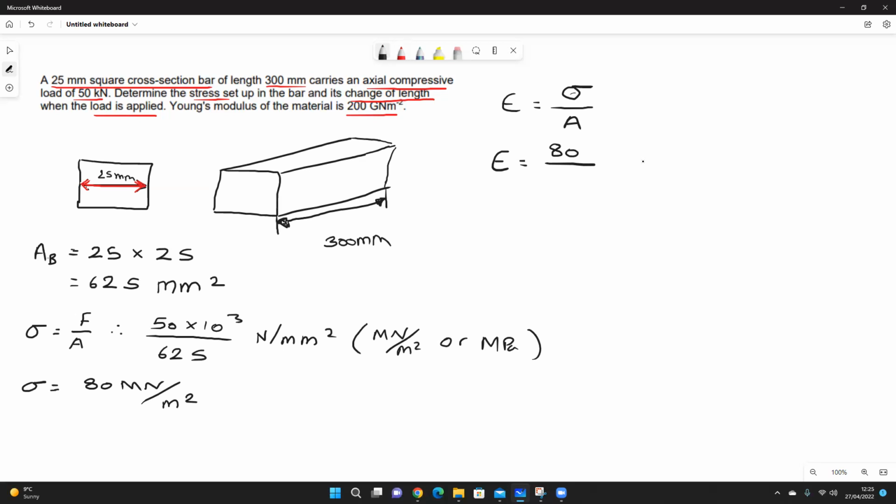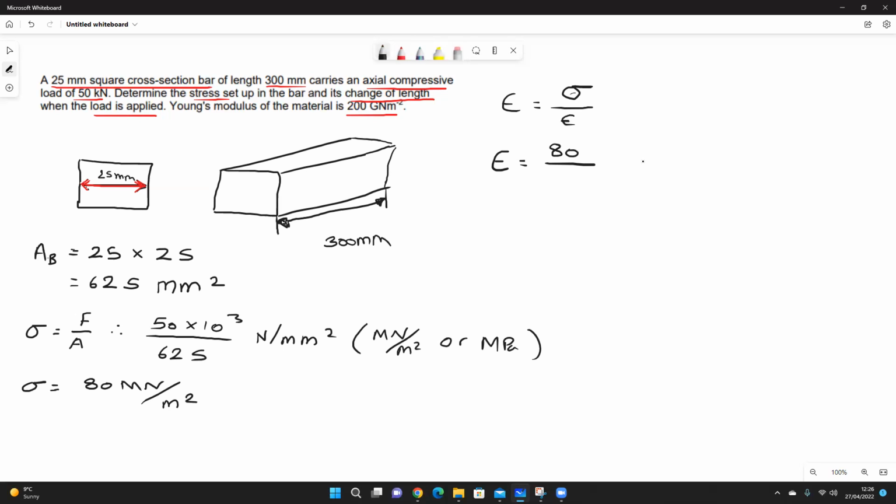divided by the Young modulus, because we're using the Hooke's law relationship.